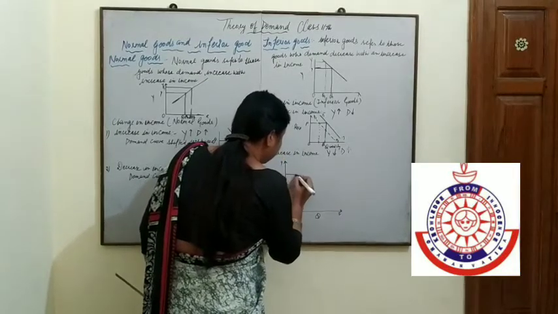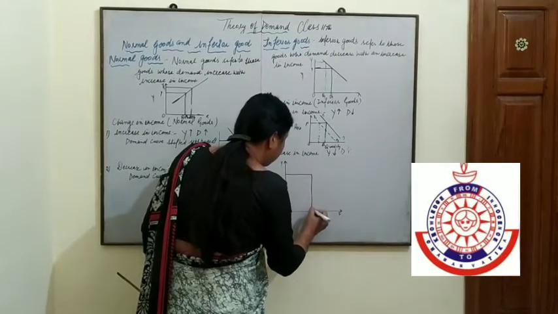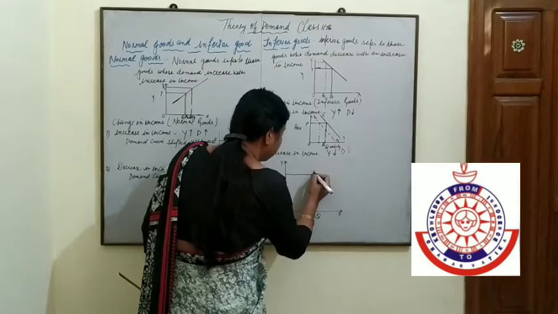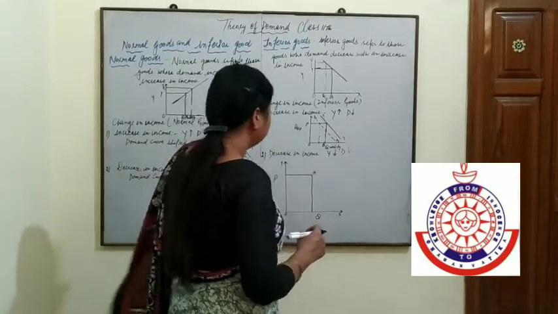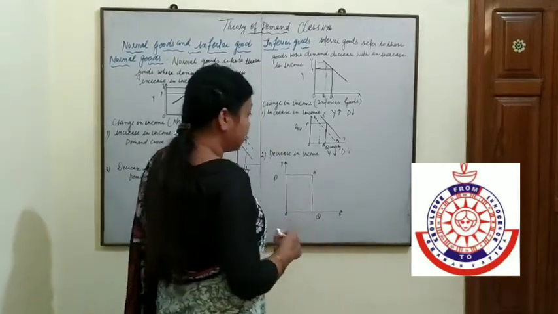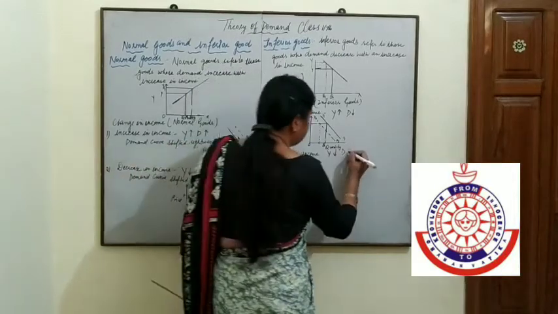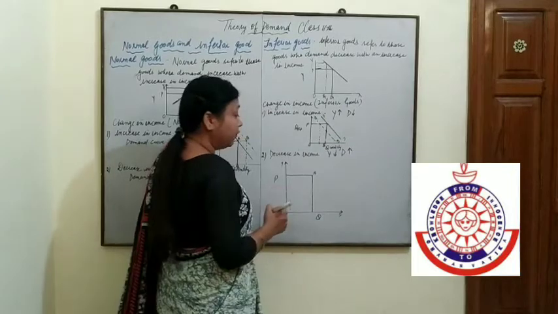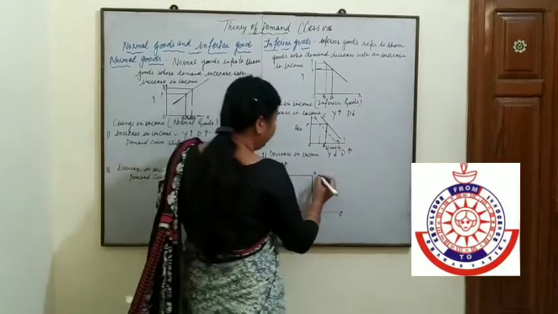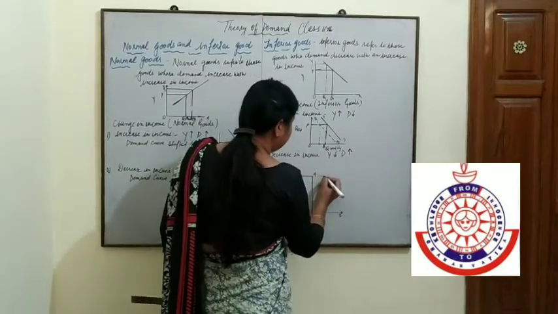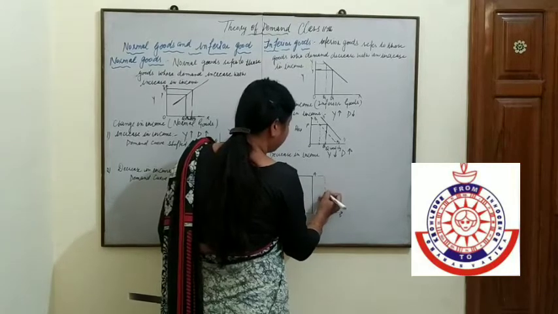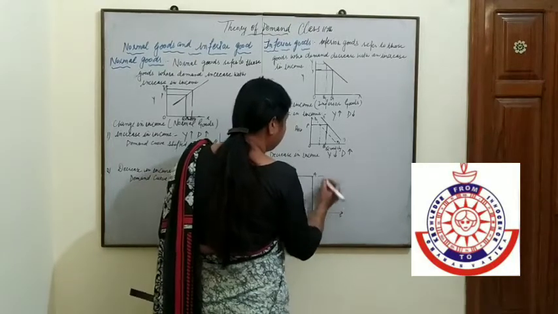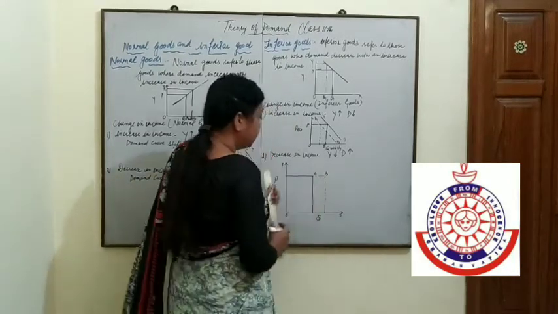Whenever the price is this, we are demanding this much. This is our initial demand. Now, if income is decreased, we are not having any option, so we are purchasing more quantity of that commodity. So we are shifting to the rightward.